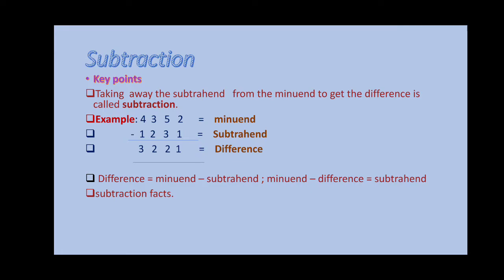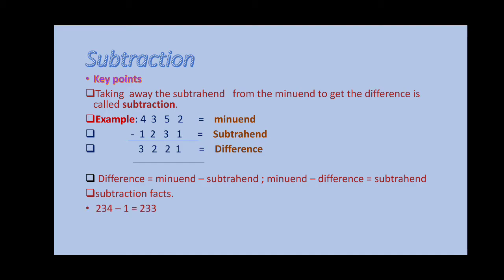If you subtract the difference, 3221, you will get the subtrahend, and then your subtraction is correct. In that way you can correlate these three words. Next we'll move to the subtraction facts.